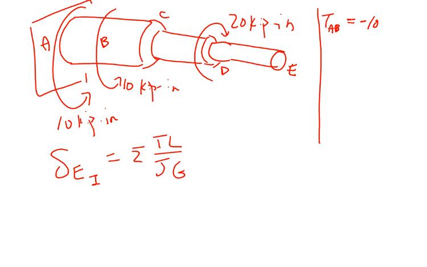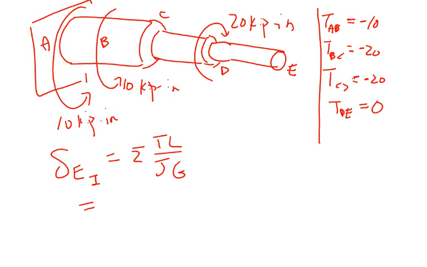Then the torque between B and C, I've got 10 and 10 positive, so I need a 20 negative. So minus 20, right? BC. And then CD is going to be the same, negative 20. And then the torque in DE, if you look at this closely, is 0, right? You don't need any torque. So I have 3 terms in this summation.